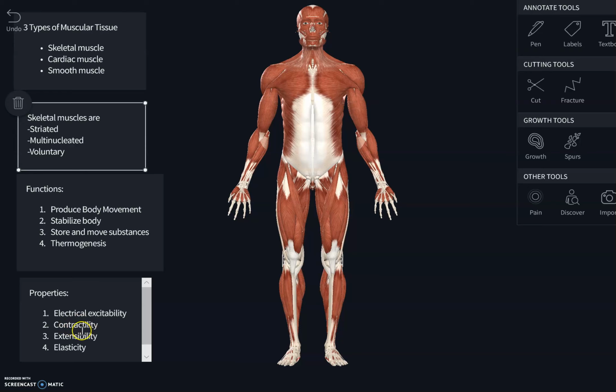Okay, we understand this a lot better when we study the neuromuscular junction, but for now, just understand that the muscles can receive an electrical signal, and as a result, they can forcefully contract and generate a tension. Okay, and when this tension is generated and the muscles contract, they pull. So when they contract, they pull on the points of attachment and generate movement.